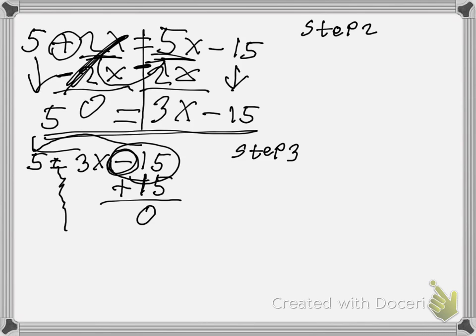So plus 15 over here, plus 15 over here. 5 plus 15 is 20. There's nothing under the 3x, so it falls. Let's rewrite it on the next page: 20 equals 3x.